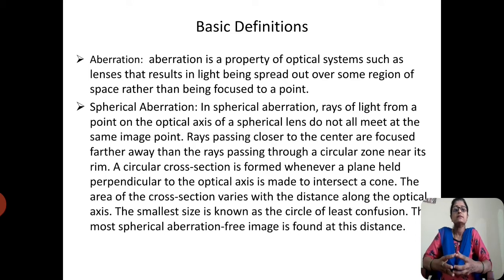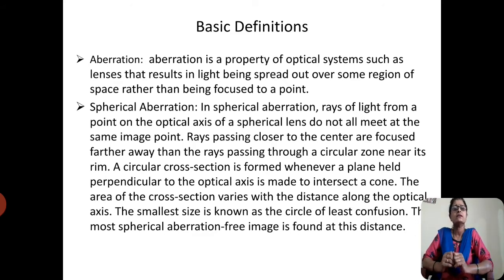Means the light cannot be focused or merged at a point; it will be spread over a region, and such a defect of the lens is called aberration.